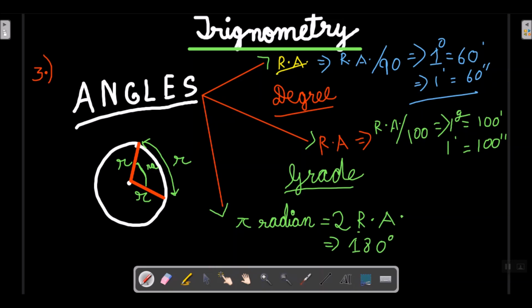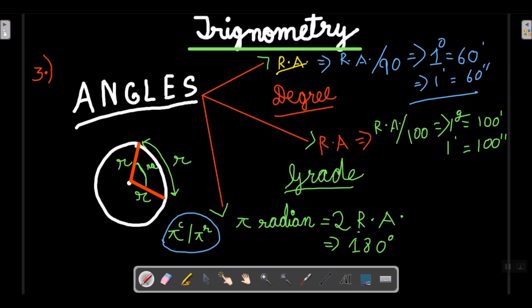So pi radians is equal to 180 degrees. To represent radians, if you take anything like pi by 6 or pi by 3, take pi for instance, and put a little c or a little r on it, it will represent radians. That's the technique to show radians.